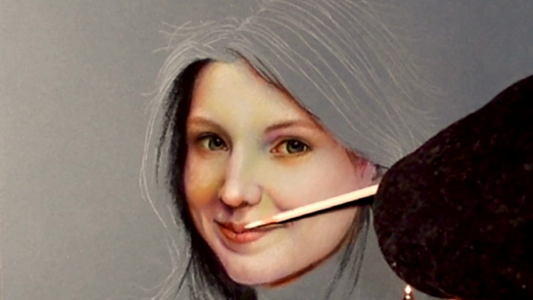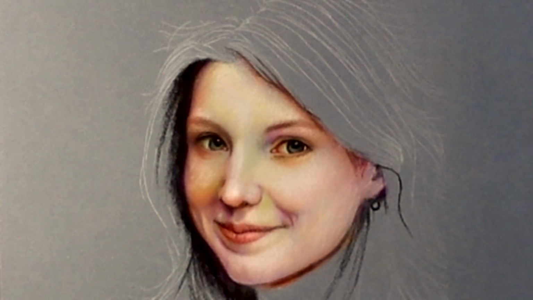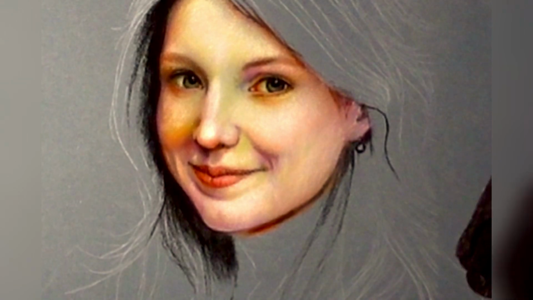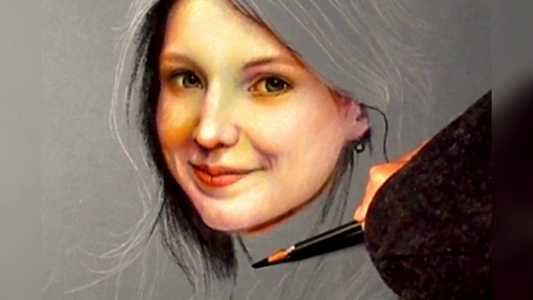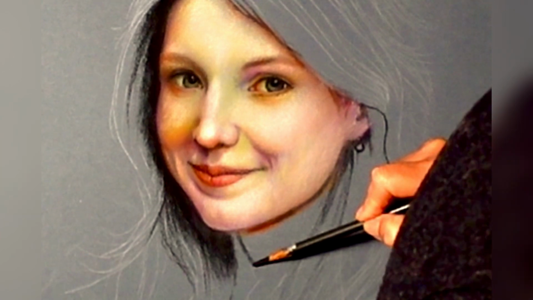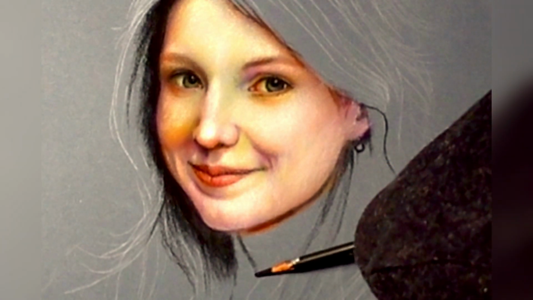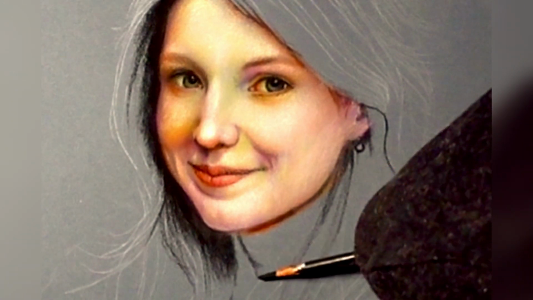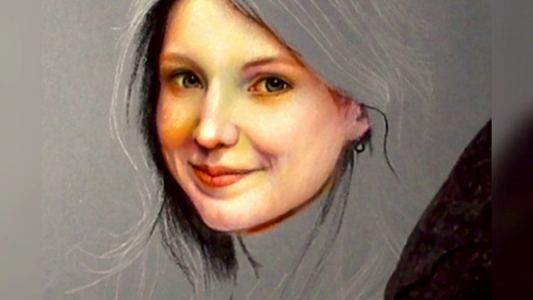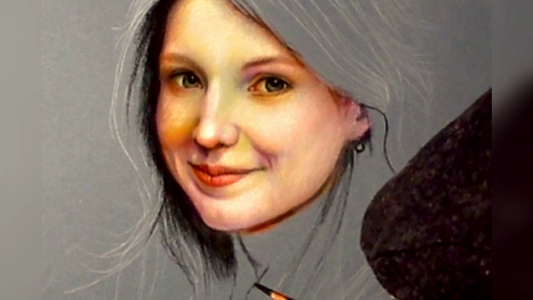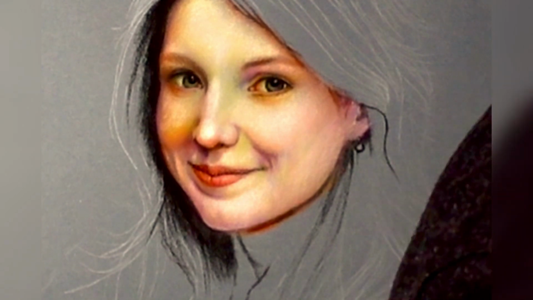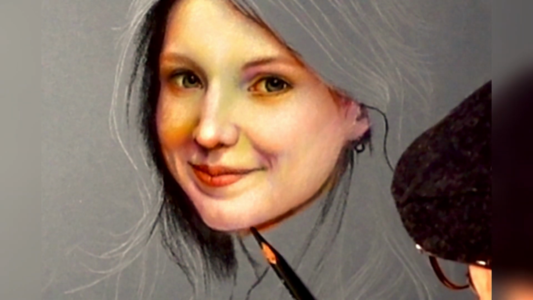Even if, let's say, your ear is really quite red, it has a lot of blood in it, and it would be quite intense red, right? Probably more intense than anything I have on this piece here, maybe as intense as the cheek on the left-hand side of the face.